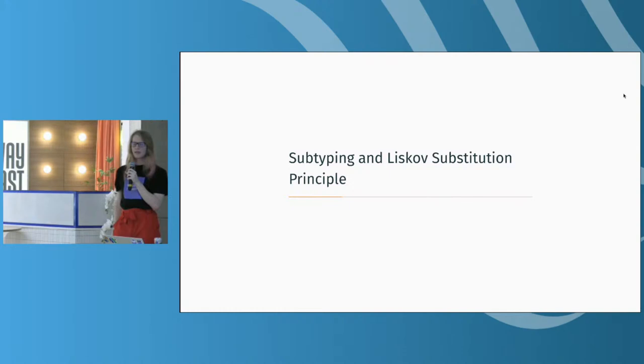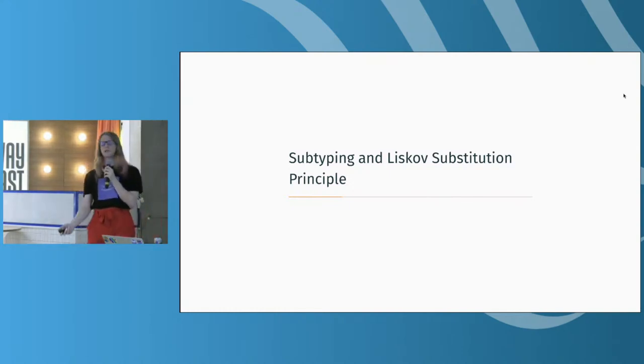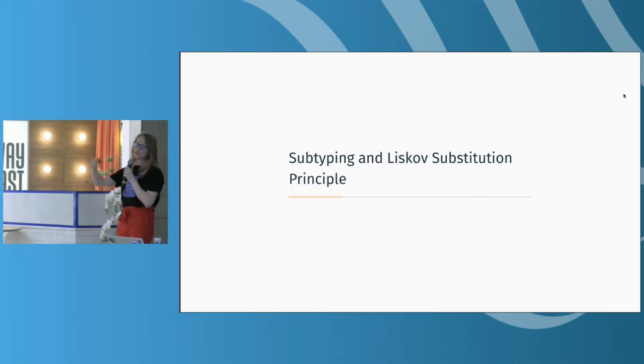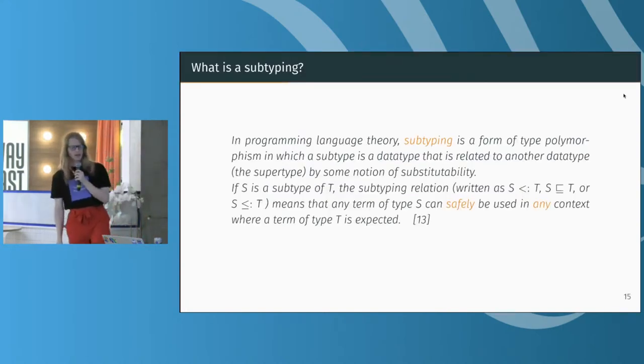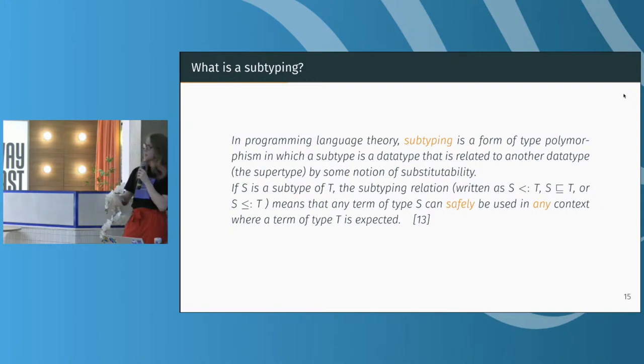Subtyping and the Liskov substitution principle, which you probably know as LSP, the L in SOLID. In programming language theory, subtyping is a form of type polymorphism in which a subtype is a data type that is related to another data type, the supertype, by some notion of substitutability.